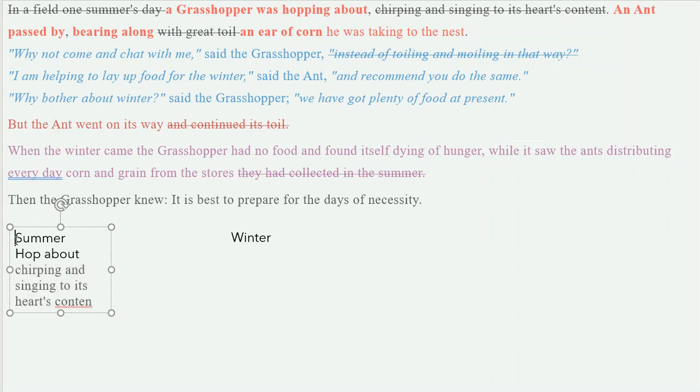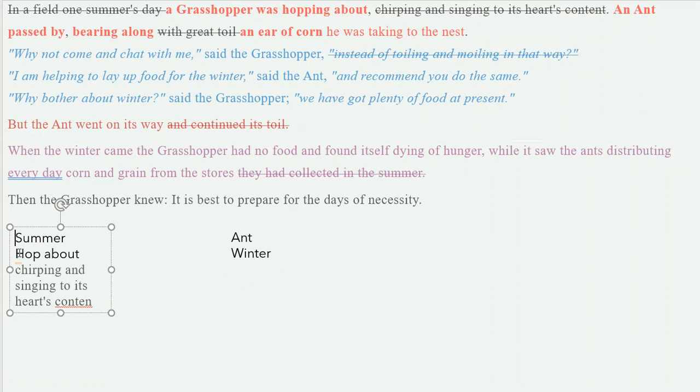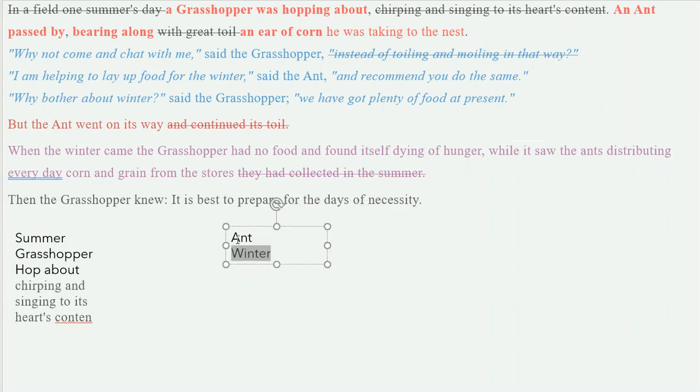So we have grasshopper and an ant. So we just put them here. Then we have the ant. If you're a grasshopper, in summer, you hop around.